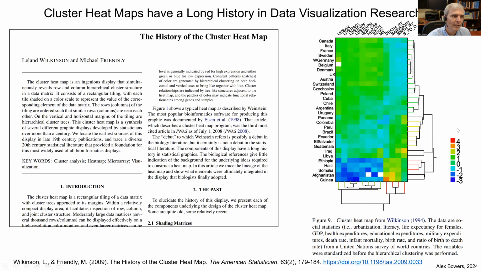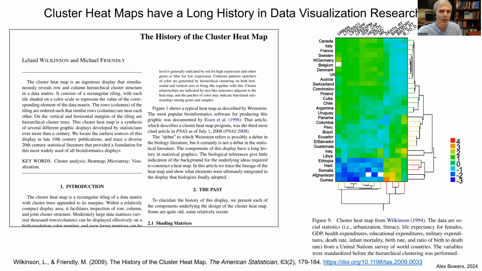So cluster heat maps have a long history in data visualization research. I just want to show this example from Wilkinson and Friendly from 2009, where they talk about Wilkinson's cluster heat map from 1994, in which Wilkinson was using global data, such as urbanicity, overall literacy, citizen life expectancy, GDP per capita, health, and whatnot, to cluster countries across OECD or UN level data.